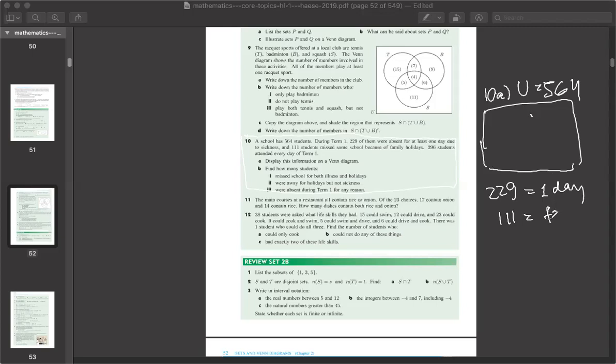Let's call this sick, and this family matters. But then there's also 296 students that attend school every day.